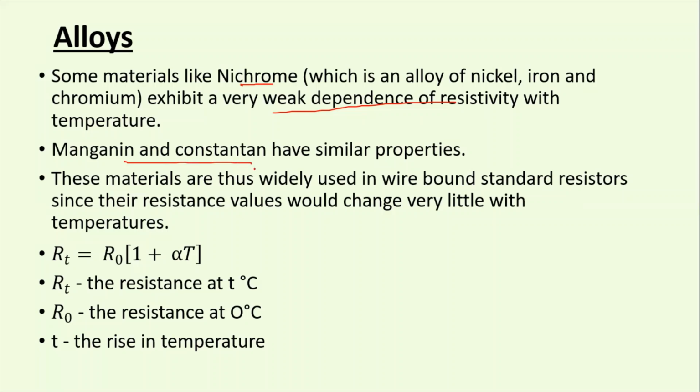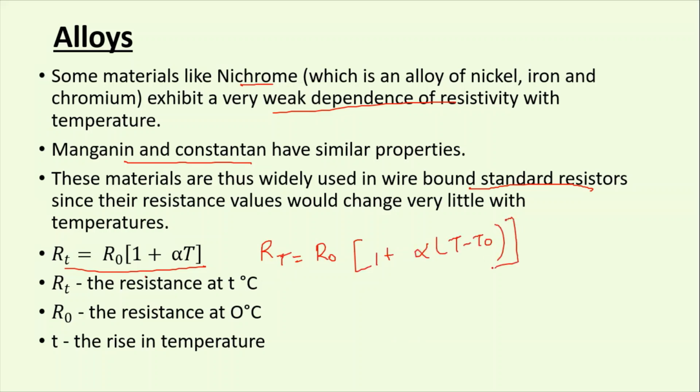So they are used in wire-wound resistors. You know what a resistor is. And this is the conversion from resistivity to resistance, which we discussed. Here there was one more quantity: R_T is equal to R_0 into (1 plus alpha (T minus T_0)), which we discussed.